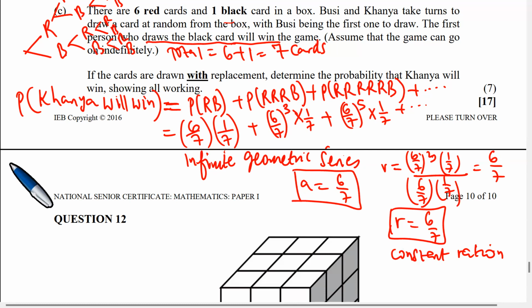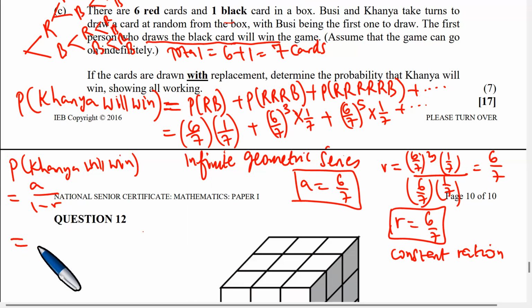So the probability that Tanya will win is the same as what? It's A divided by 1 minus r. What is the first term? It's a over 7 squared, 6 by 1, 7 by 7 that squared.